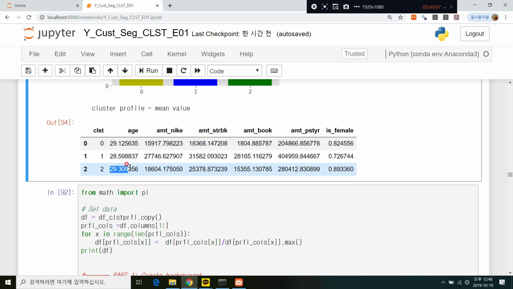Cluster number 2 has relatively older and younger customers, but the difference is not that big. Among Nike, oh, there is a big difference here, and among Starbucks, wow, quite different.